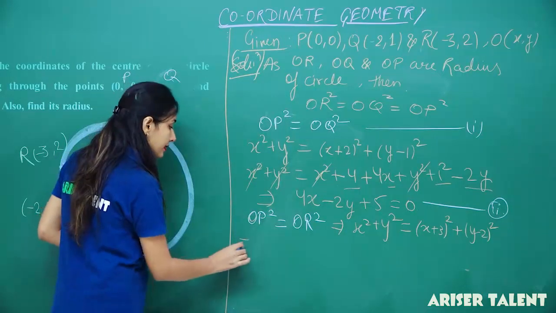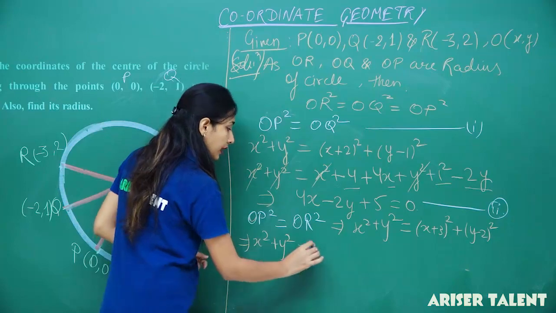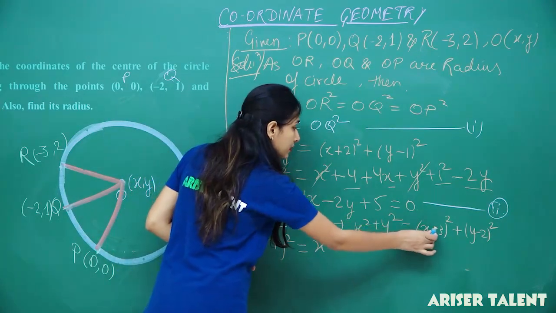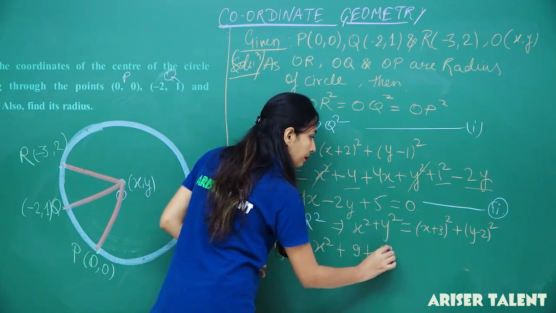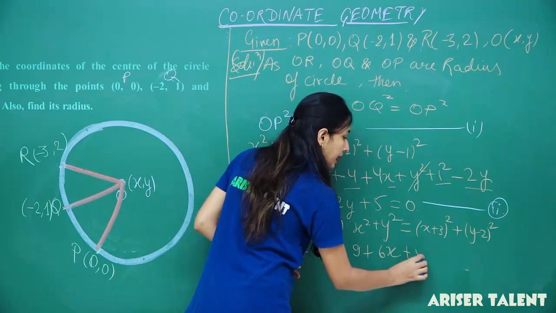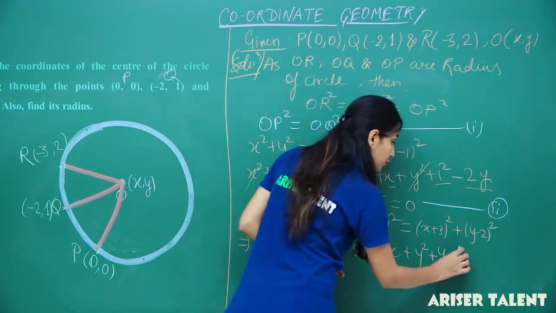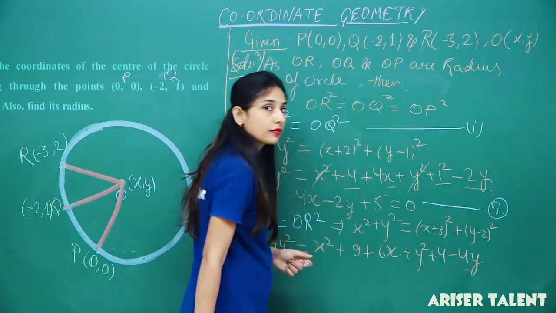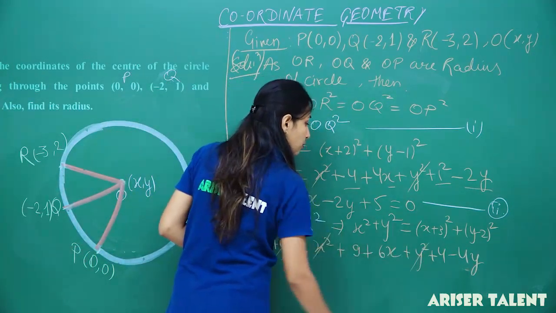If I resolve this, x square plus y square as it is equals a square plus b square plus 2ab when opening this bracket, and here a square plus b square minus 2ab. So again x square and y square cut.